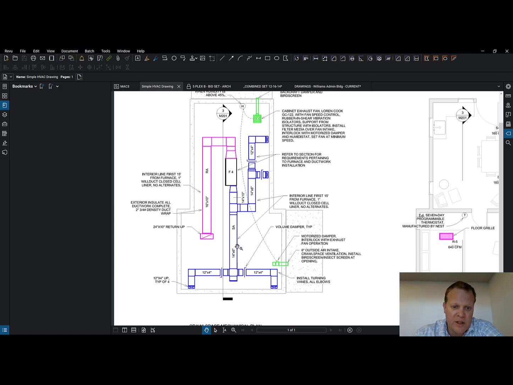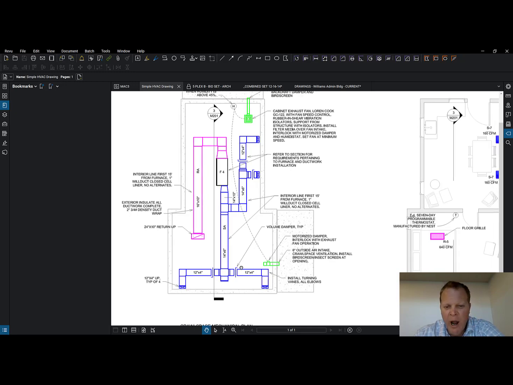So the ductwork is changing to 14 by 6. Note that was 14 by 10. This section's 14 by 6. And it's getting to branches over here that go down to 12 by 4. And then the 12 by 4 is going up and up.